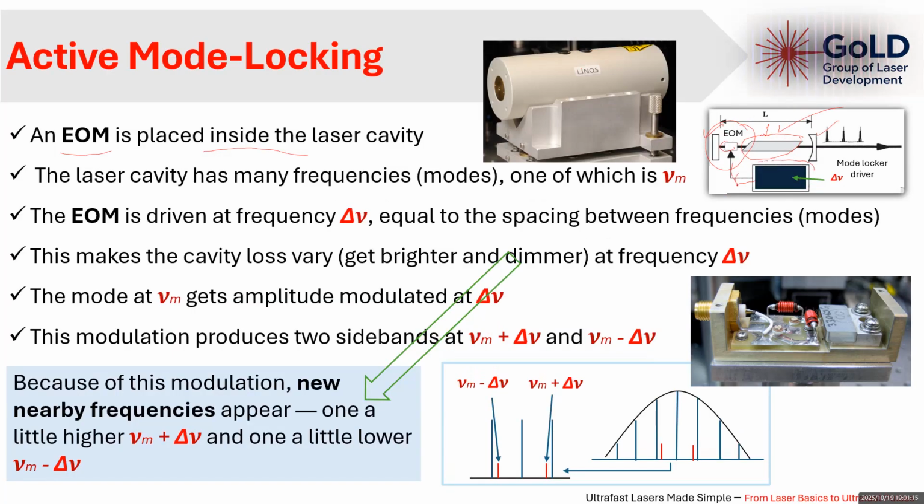The responsibility of the driver is to provide the signal to the modulator installed in the cavity. I'll tell you about mode spacing: what is the difference between two modes? This is also called, in general, the mode locker driver.